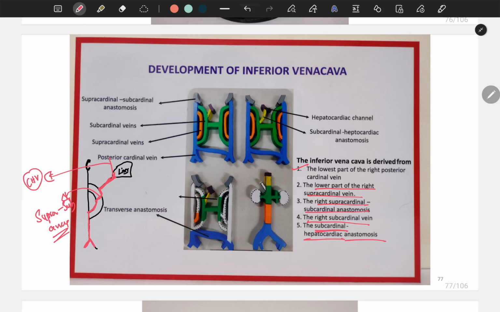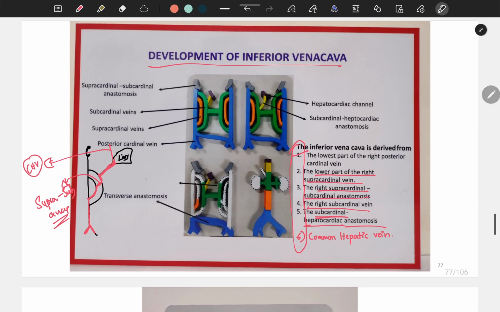All these join to form at last common hepatic vein. All these six structures form the development of inferior vena cava. Okay.